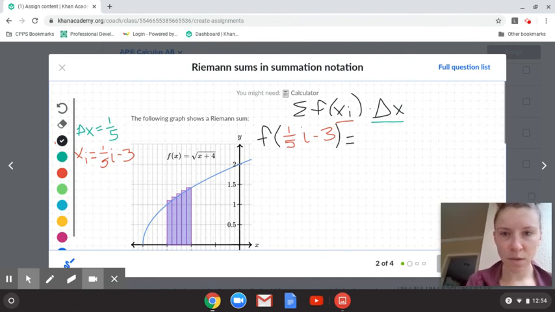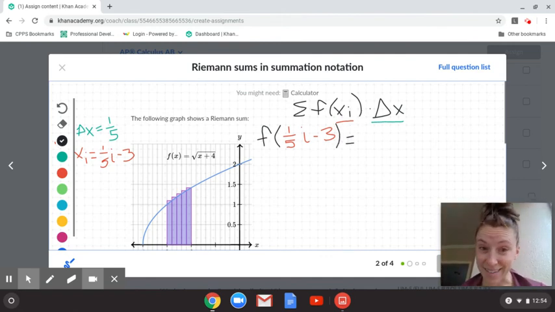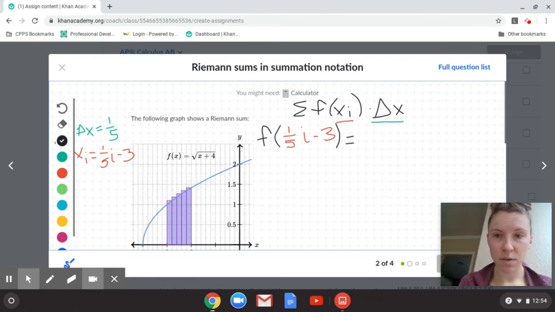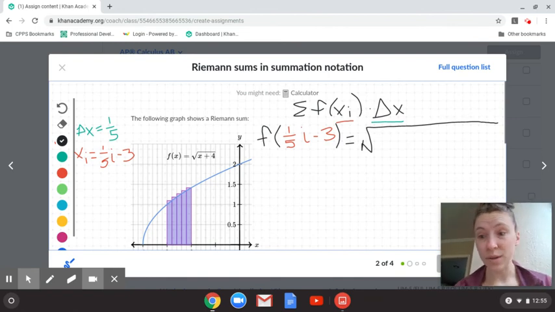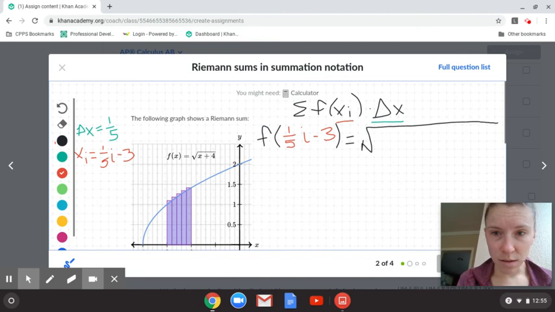Okay. So wherever there's an x in our function, we replace it with 1/5 I minus 3, that whole business. So start my square root here. So starts out with x. So I need to start out with my 1/5 I minus 3. It doesn't always start out with x. It's just wherever the x is placed. So I'm going to put that in red.